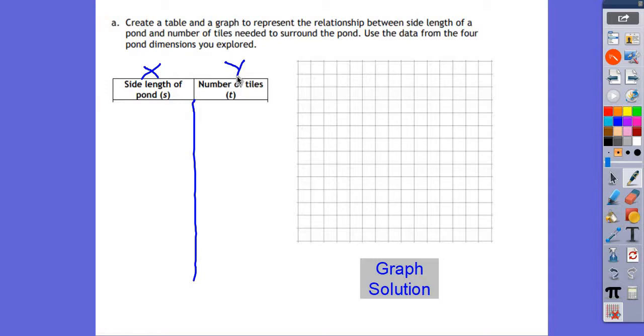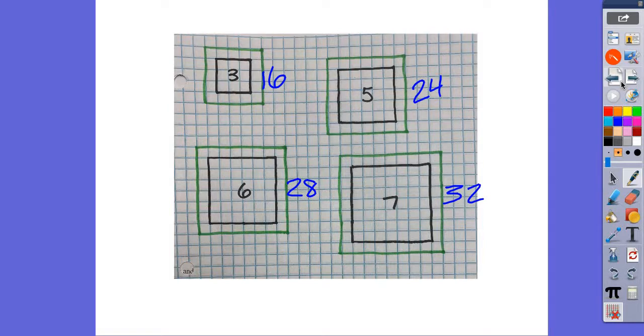And we have looked at different side lengths now. We looked at a 3, 4, 5, 6, and 7. How many tiles around was the 3? 16. Looking back at my graph, there were 16 tiles around the 3 by 3.